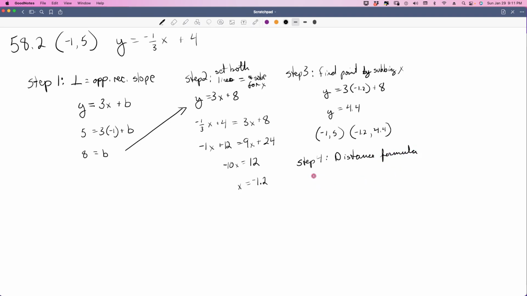So we are going to set D, that's our distance, is equal to, and we have negative 1, and that's minus a negative 1.2, so that's going to be plus 1.2 squared plus 5 minus 4.4 squared.